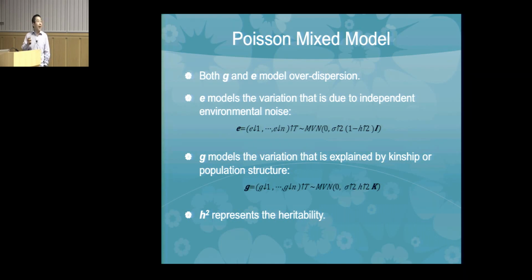Therefore, by controlling for this G, you're essentially controlling for the similarity between individual i and individual j, so you control for the sample non-independence you commonly see in RNA sequencing studies. So this G is a unique feature of our model that models the sample non-independence due to individual relatedness or population structure. And here, we assume that K is known a priori.